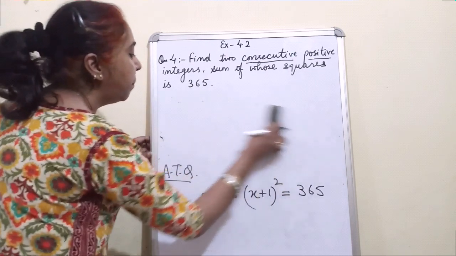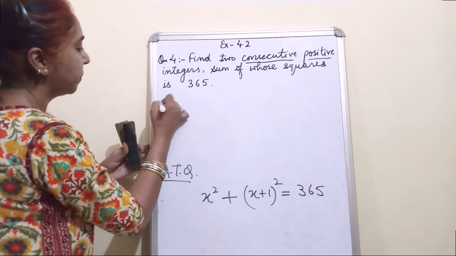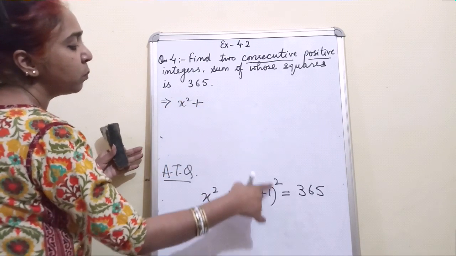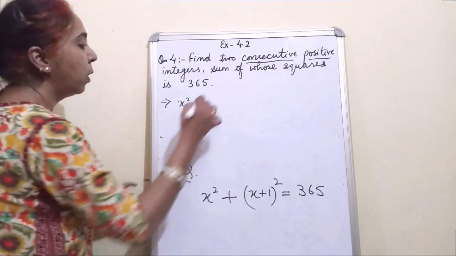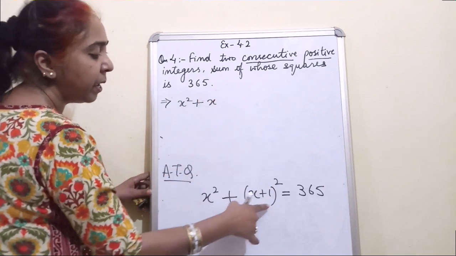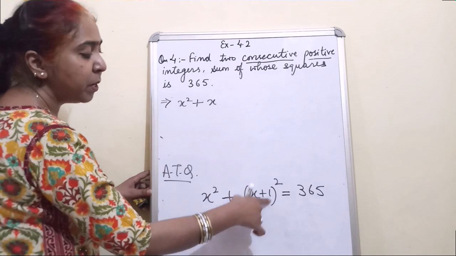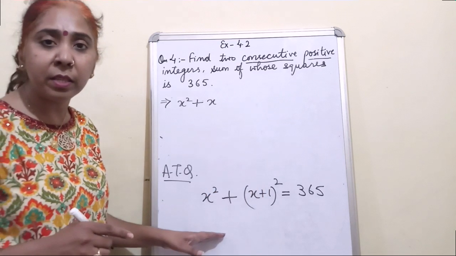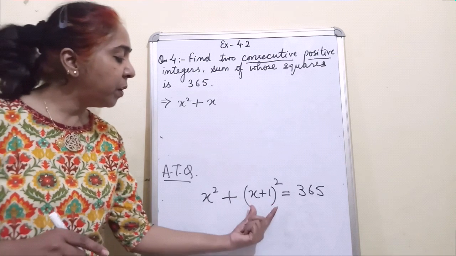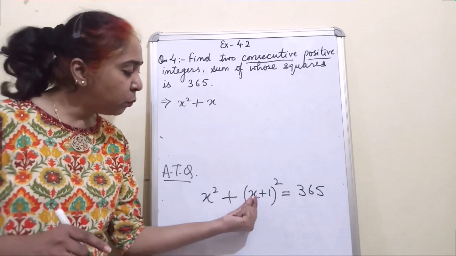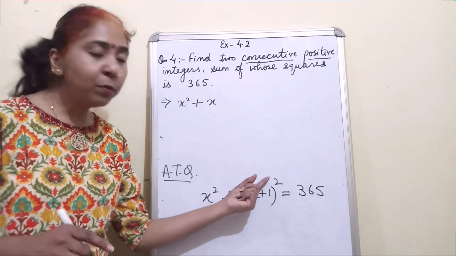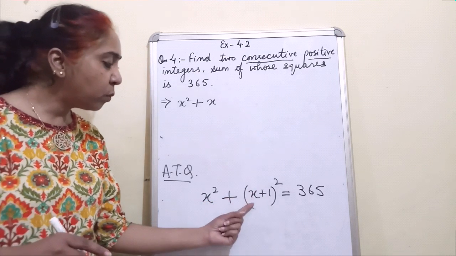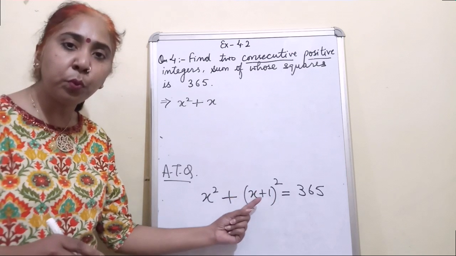Open up the brackets. You'll get x square plus x plus 1 whole square equals 365. You have to apply here the formula of a plus b whole square, and you have studied it in your 9th class. So many times you have done this type of question. Whenever we have a bracket with two numbers inside it, and we have to open it by using the square identity, that is a square plus b square plus 2ab.